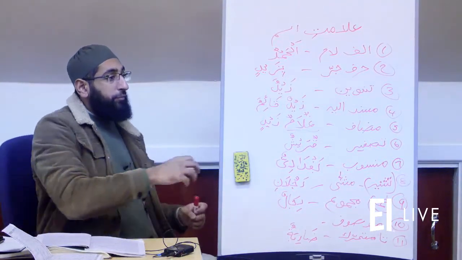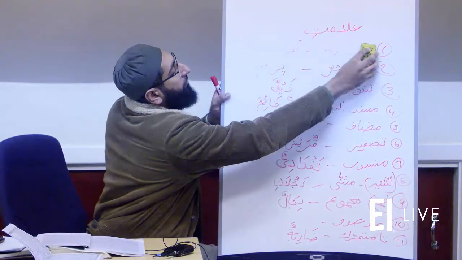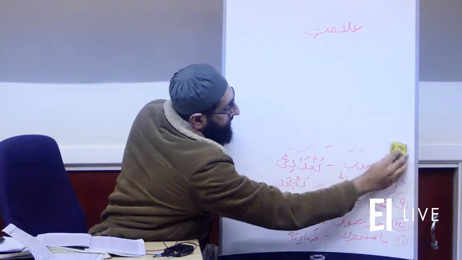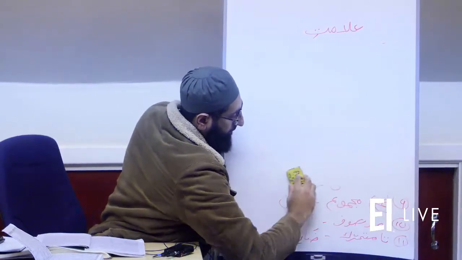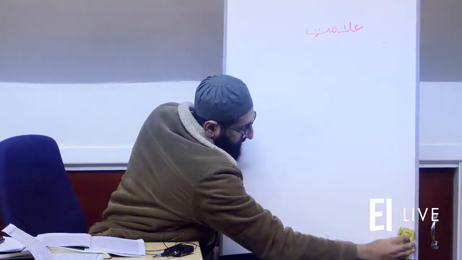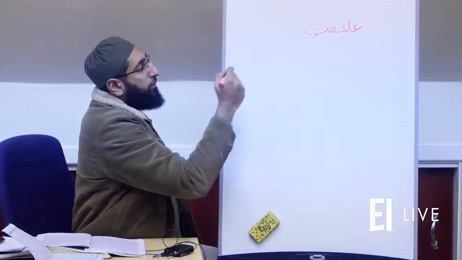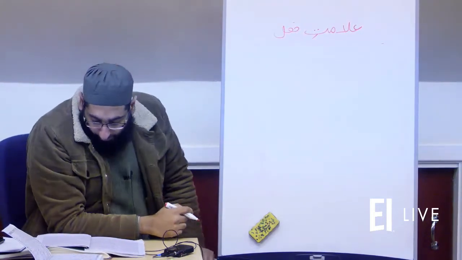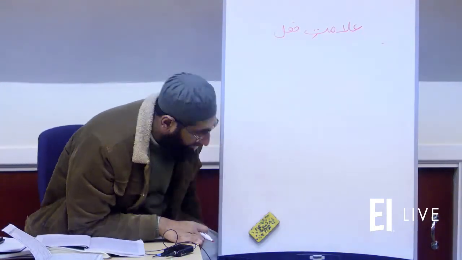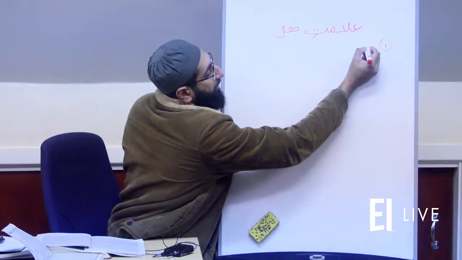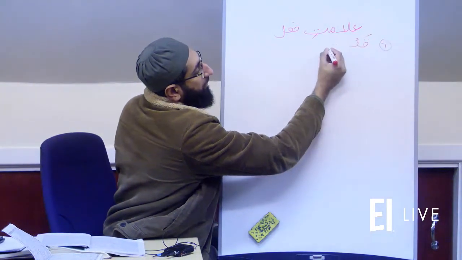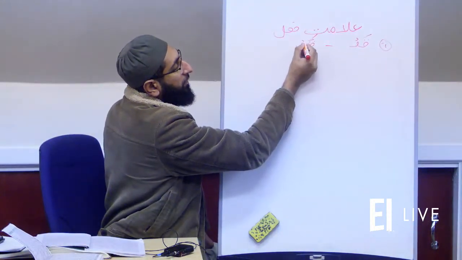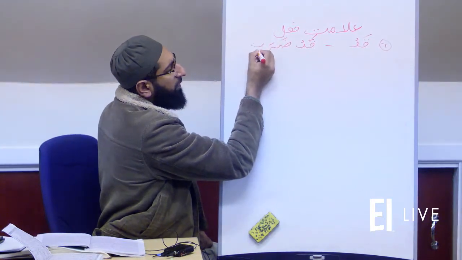Yeah, shall we do fi'l now? So the alamat fi'l, the signs of fi'l. Here you have that in the beginning, the fi'l can have a qad. Okay? Like qad daraba. Remember mazi qareeb? It's that.